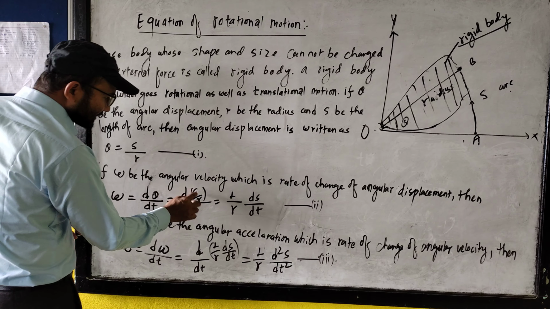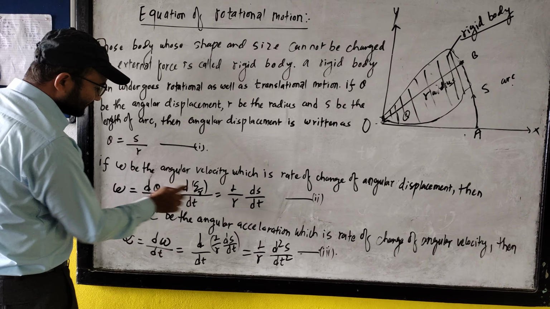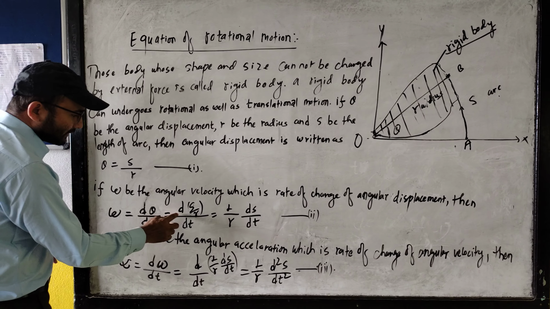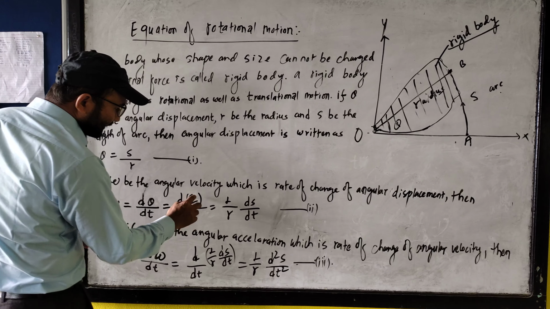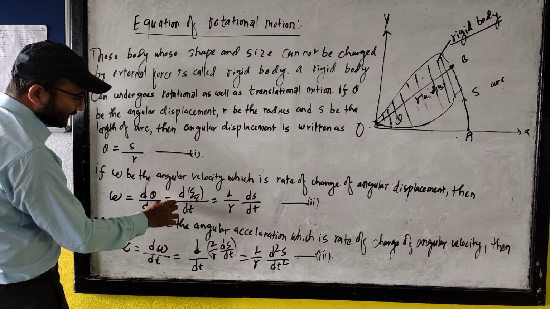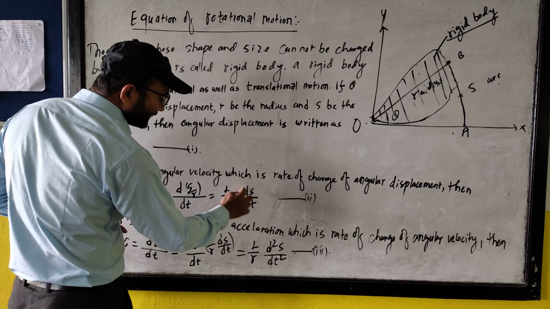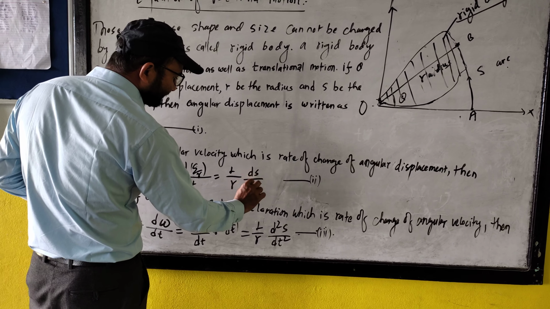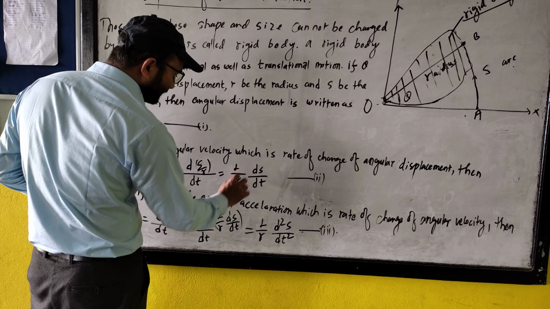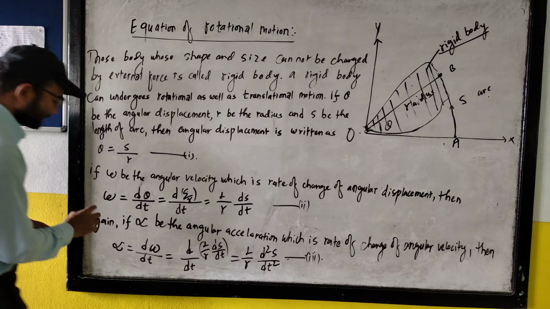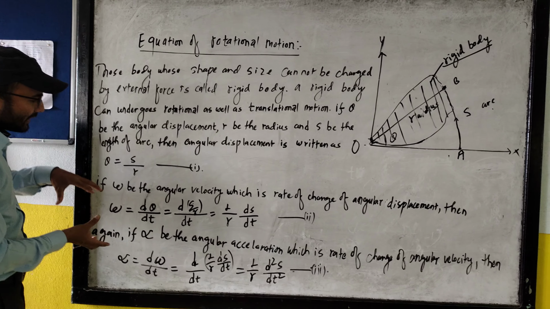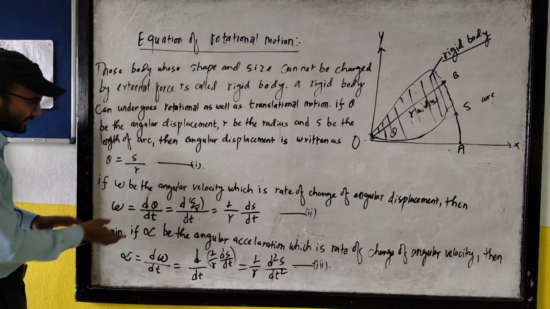And theta equals S by R, so I have written S by R in place of theta. 1 by R is a constant, so we can take it out of the derivative, because the derivative works only on the variable part. So omega equals 1 by R ds by dt, which is equation 2, the angular velocity. That means per unit time how much angular displacement is changing.